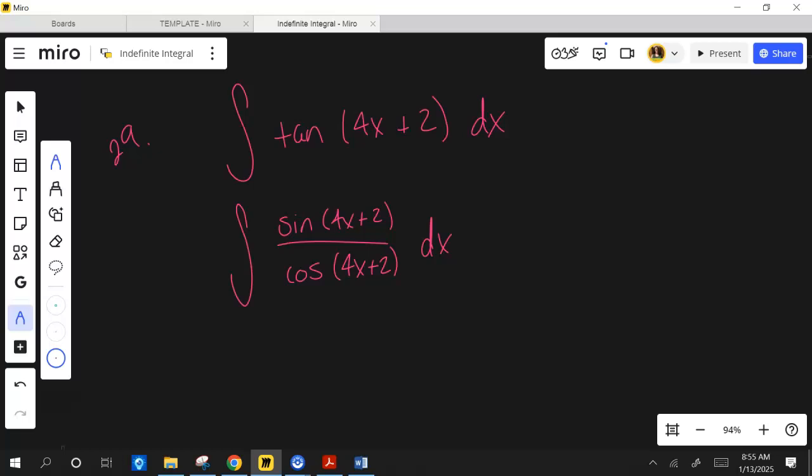So now the question is, what should I let u be? If I let u be 4x plus 2, I'm just going to have sine u over cosine u, and you still don't know the antiderivative of that.